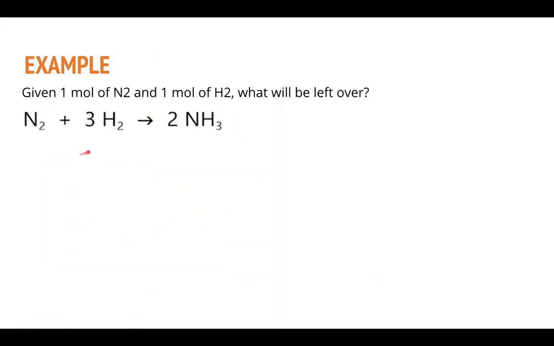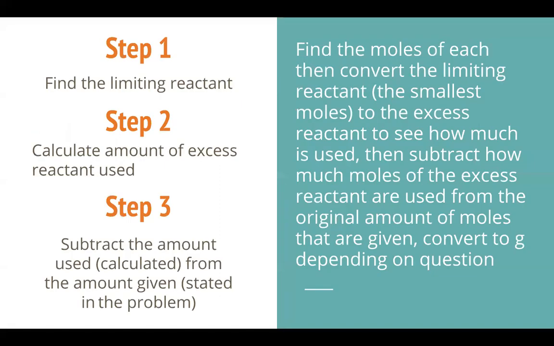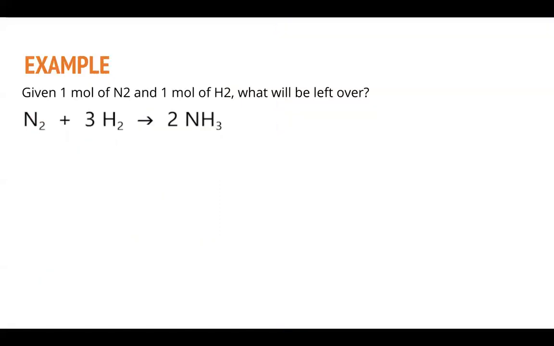So this is the same equation, but just a different question that we're going to be using with this equation. Given 1 mole of N2 and 1 mole of H2, this should say how many moles will be left over. So first thing, like I said before, step 1 is find the limiting reactant. Actually with this problem, it's pretty simple. We don't have to do any calculations.